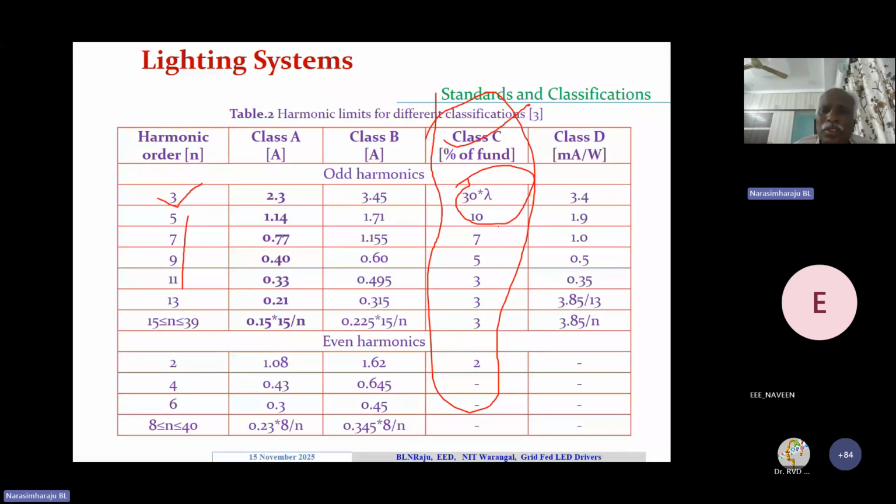We are supposed to take care of this when we design driver circuits. Such driver circuits need to be evaluated for their THD performance as per what the standard demands.